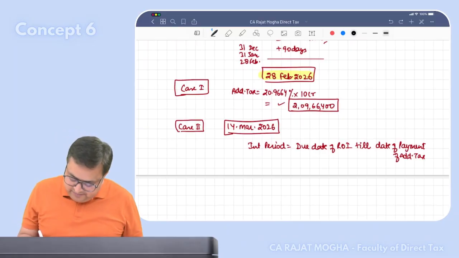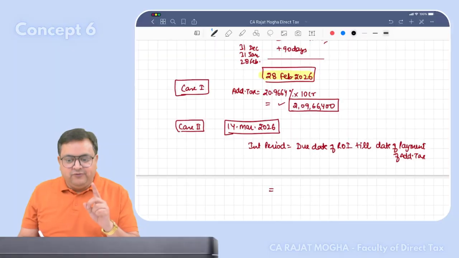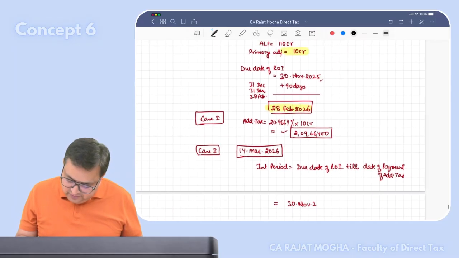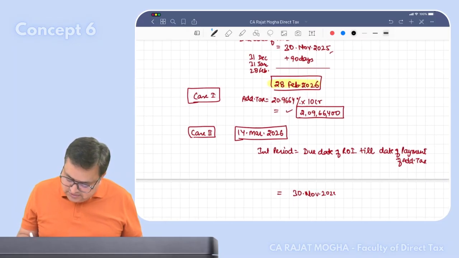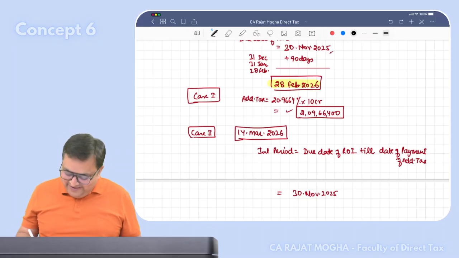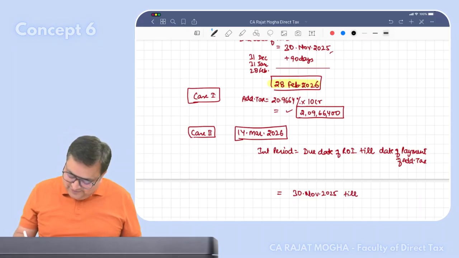So what is the due date of ROI? 30th November 2025. From 30th November 2025 till 14th of March 2026.